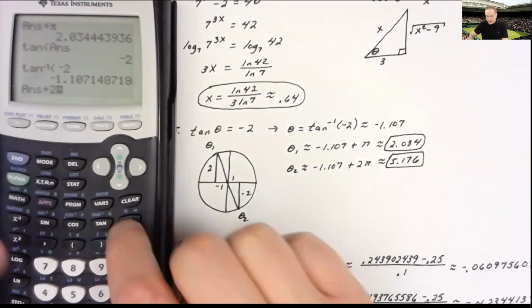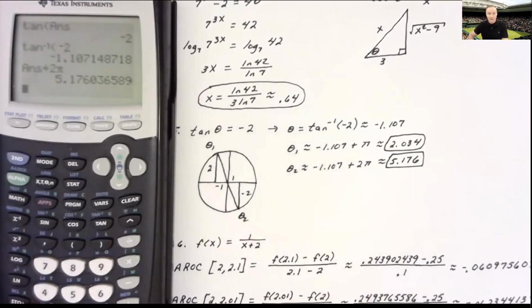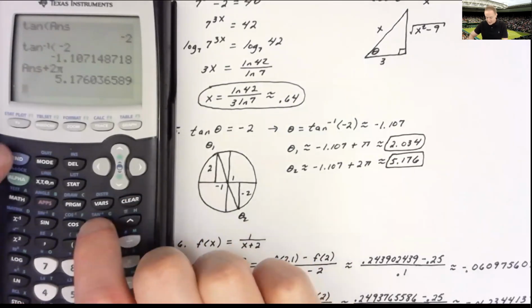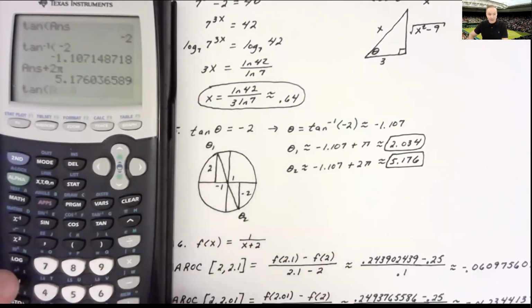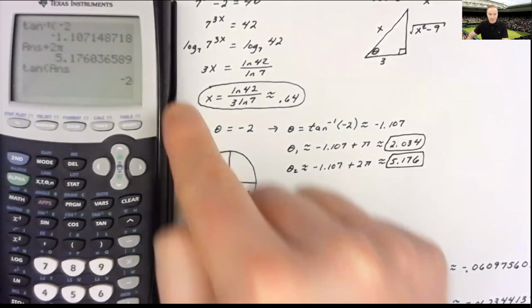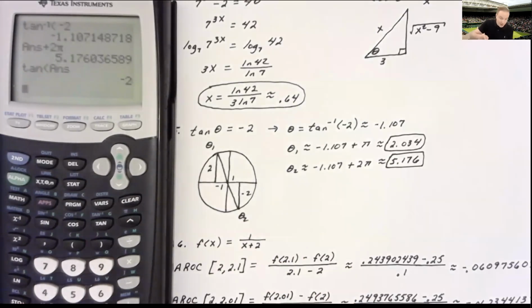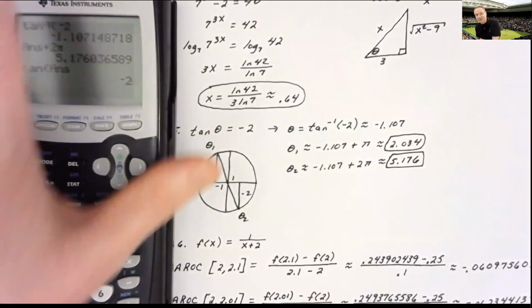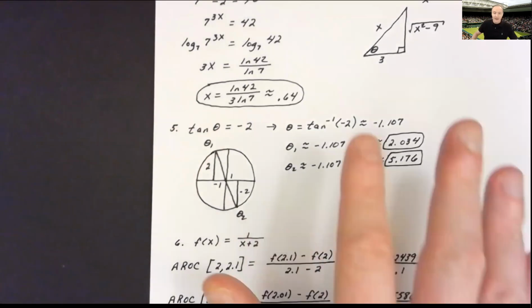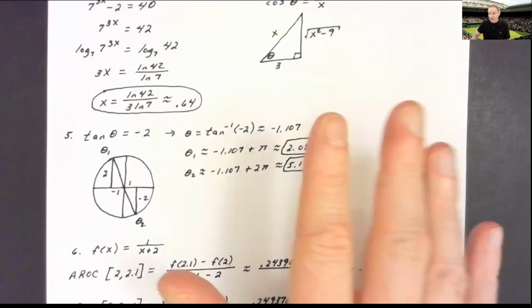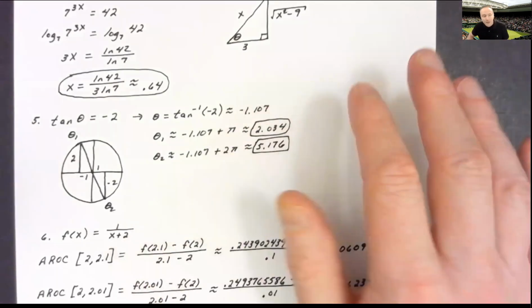If I add 2 pi radians, gives me this. I better be able to take the tangent of that answer, and this better give me -2, or I've proven myself wrong. But I've proven myself right, actually, because it is -2. So then you're like, well, cool, that is a gorgeous trig problem. I think so. I love that problem.